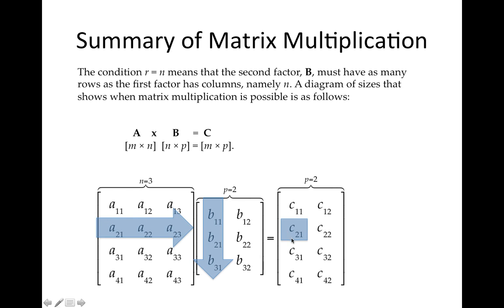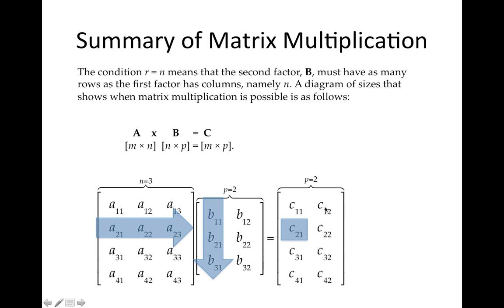In this example, to obtain the element C21, we take A21 times B11, A22 times B21, A23 times B31, and we'll get this element. So it's the sum of all of the products of the specific row and column.